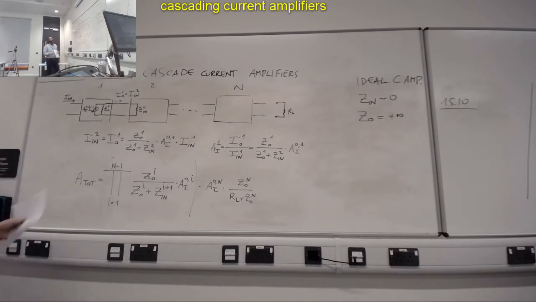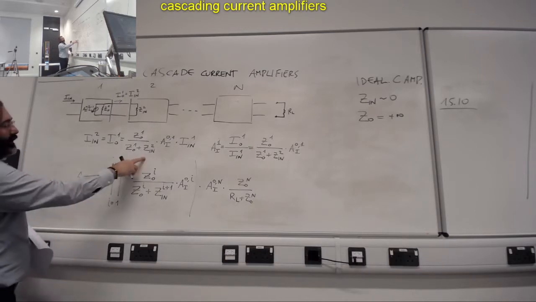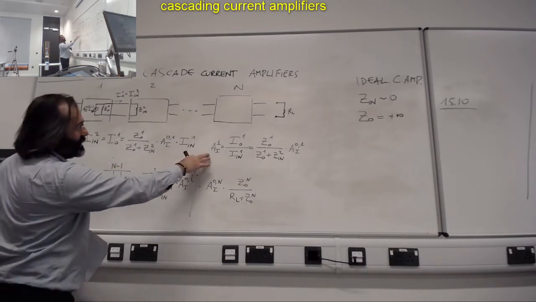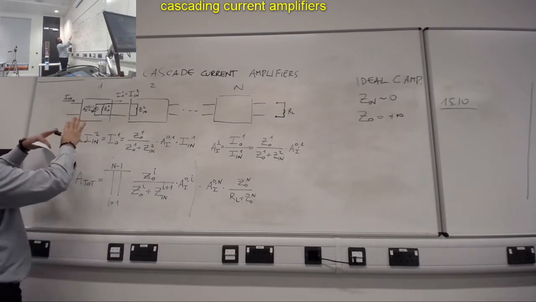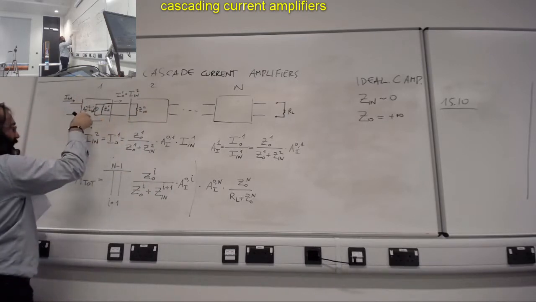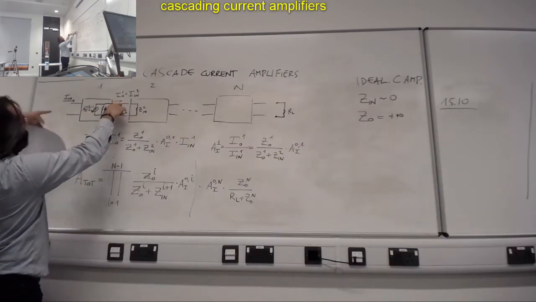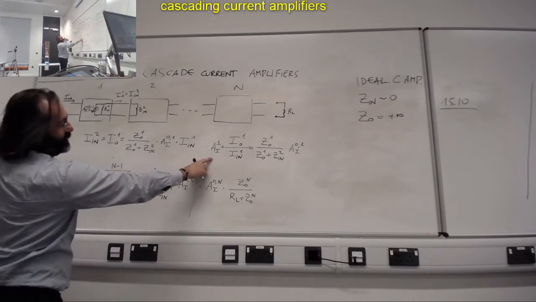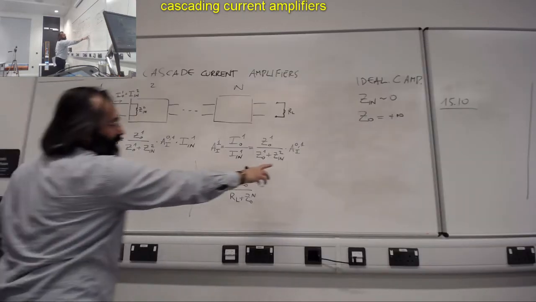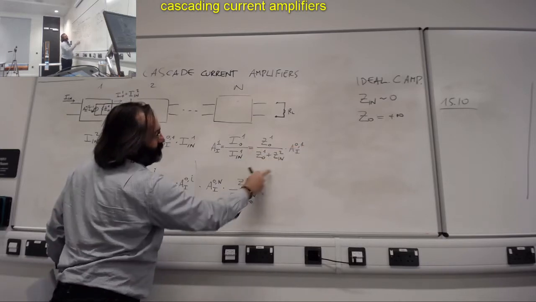This is the rule connected with the current divider. And so we realize that when this stage is connected to the others, the actual amplification of the stage, which is the current at this point divided by the current at this point, which is calculated here, is not just AI0 of the stage one, but is actually multiplied by this factor.